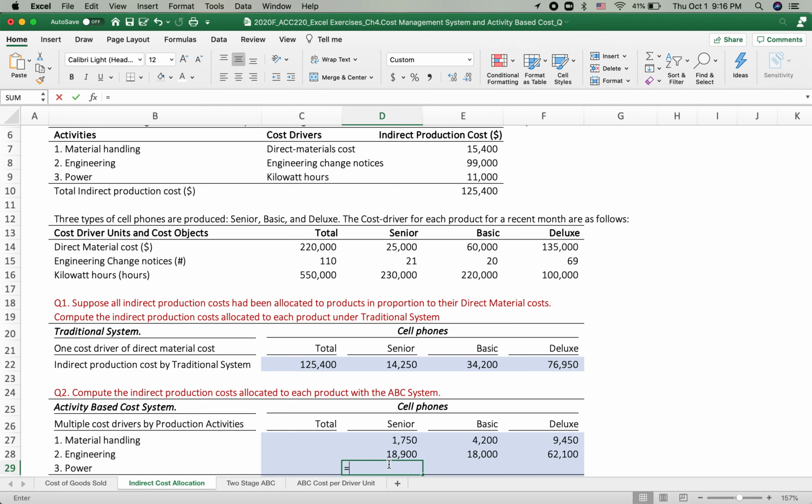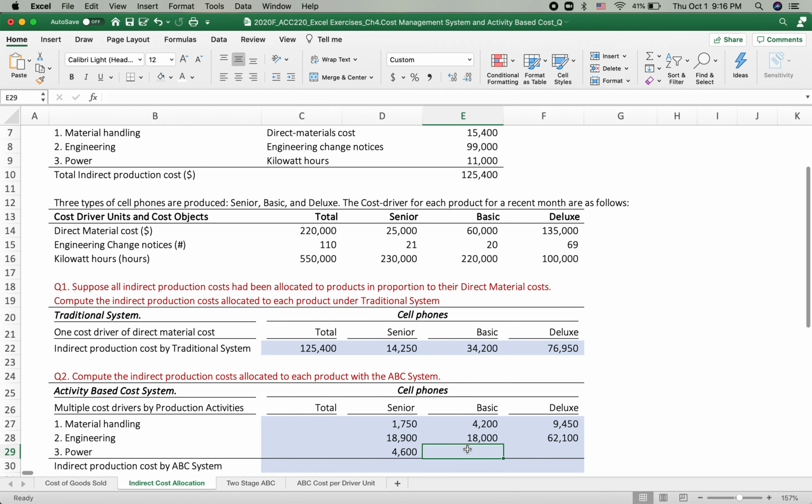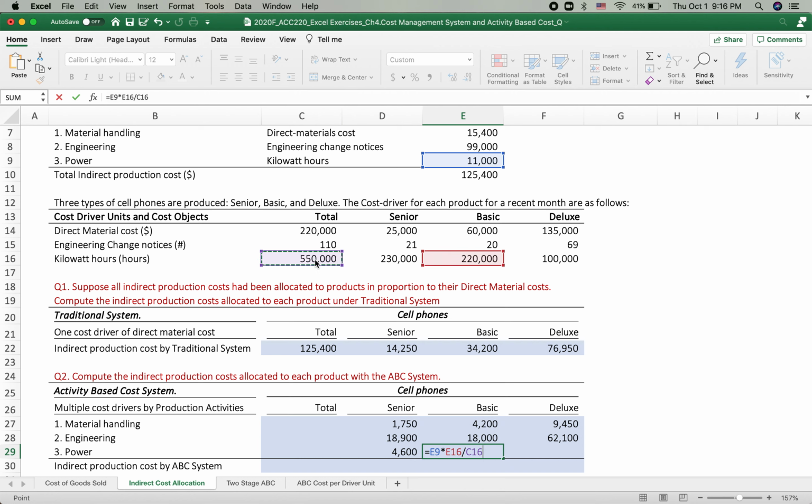Now let's allocate this 11,000 indirect production cost using this matching cost driver unit, which is the kilowatt hours. So that is the proportion for the senior cell phones. And then for the basic, so we allocated this by the percentage of basic kilowatt hour cost driver units.